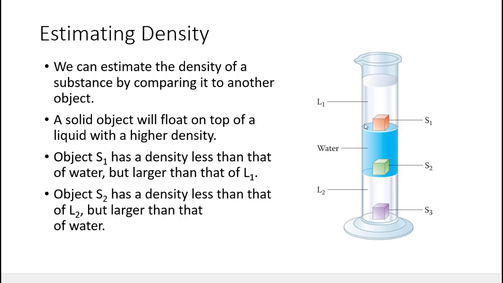We know that S1 has a smaller density than S2, and S1 has a smaller density than water, but it has a greater density than L1. So we can look at the arrangement of particles and compare the density of one object or liquid to others, depending on if it's sinking or floating.